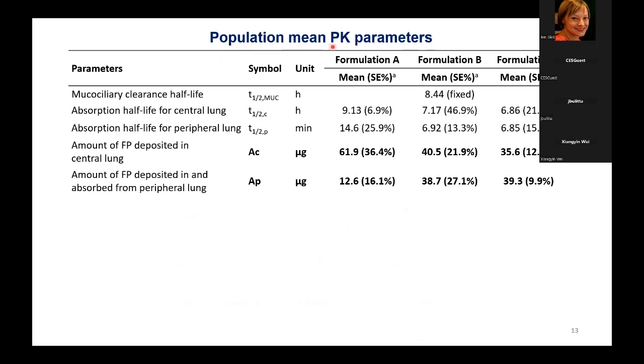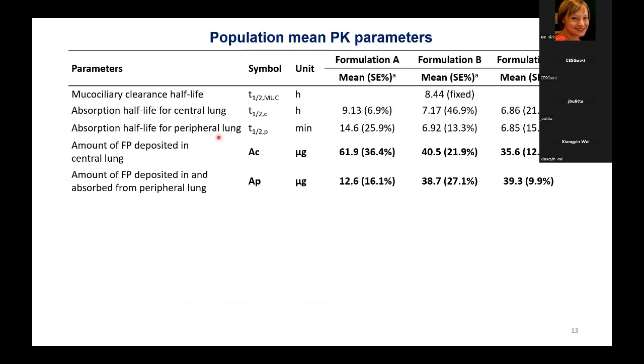Now, for the population PK parameter estimates, the population means, we used a literature estimate for mucociliary clearance of about 8 hours half-life. The half-life of drug absorption from central lung was 9 hours for the larger formulation A and about 7 hours for formulations B and C, nicely correlating with the transverse system data.